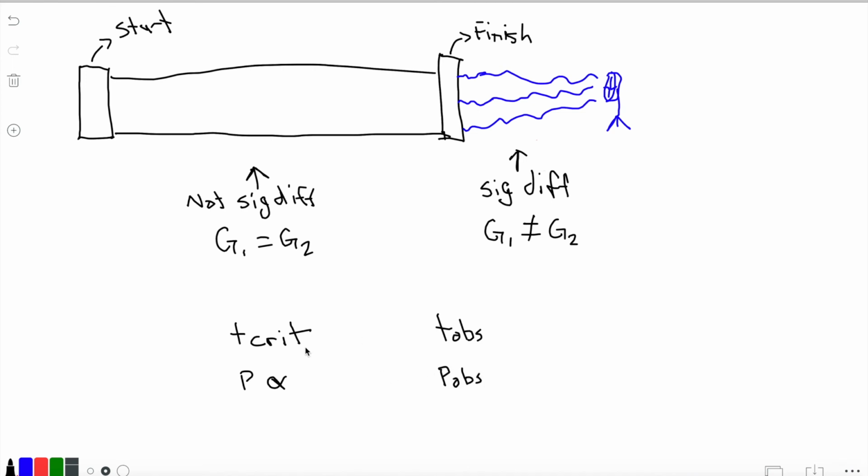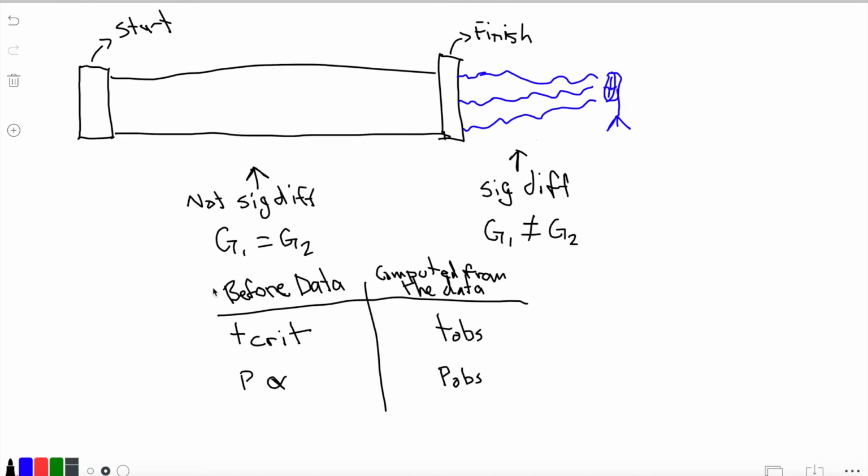And the question is, where do all these things come from? Well, really, we can split this up like this, where these two come before the experiment, or I'll say before data, and these are computed from the data.